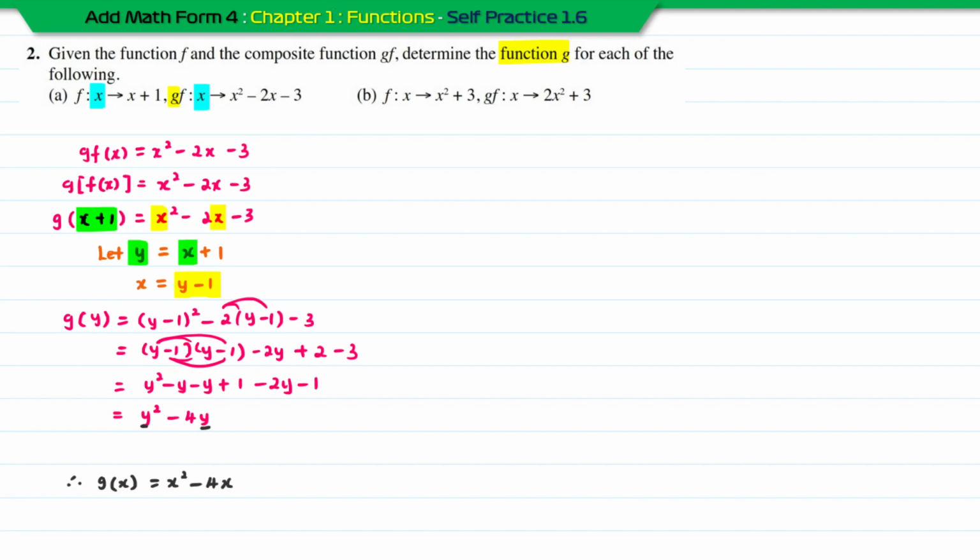Now let us move to question B. This is f(x) and this is the composite function gf(x). The composite function here is formed when you insert the function f into the function g. The function f is given here, which is x squared plus 3.